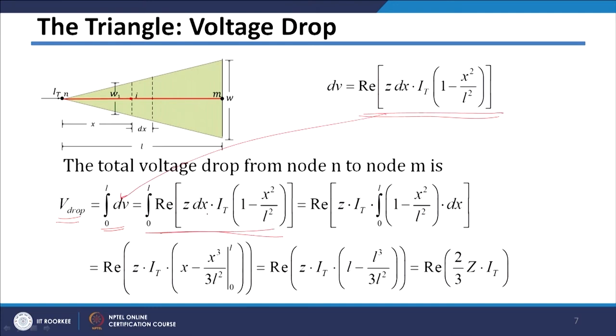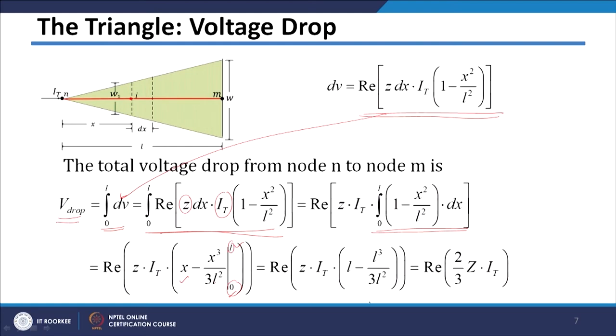In this case also your Z and IT are constant, I can take them out, and the remaining terms will be under integration. The integration of 1 will be x, and the integration of x square by L square will be x cube by 3 L square, and the limits of integration are from 0 to L. When you put 0 it will be 0 only, and when you put L it will be L minus L cube by L square.